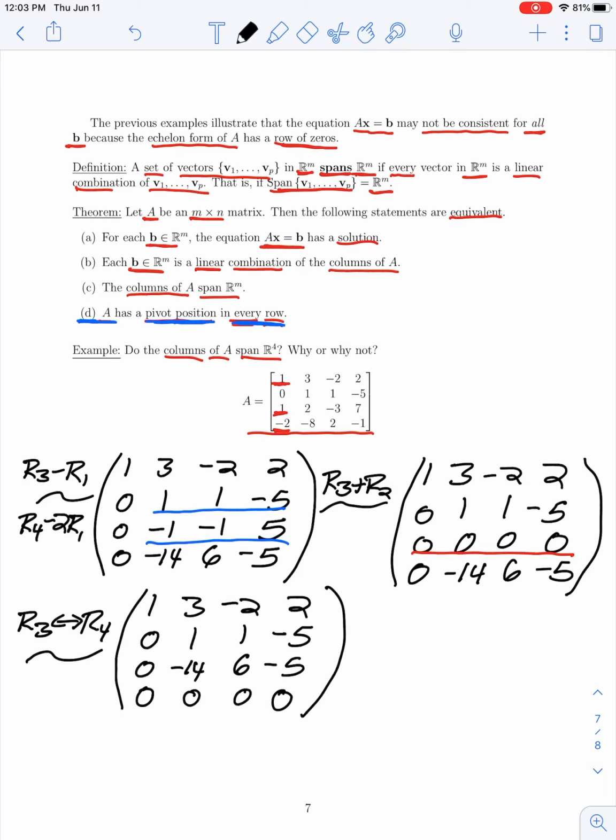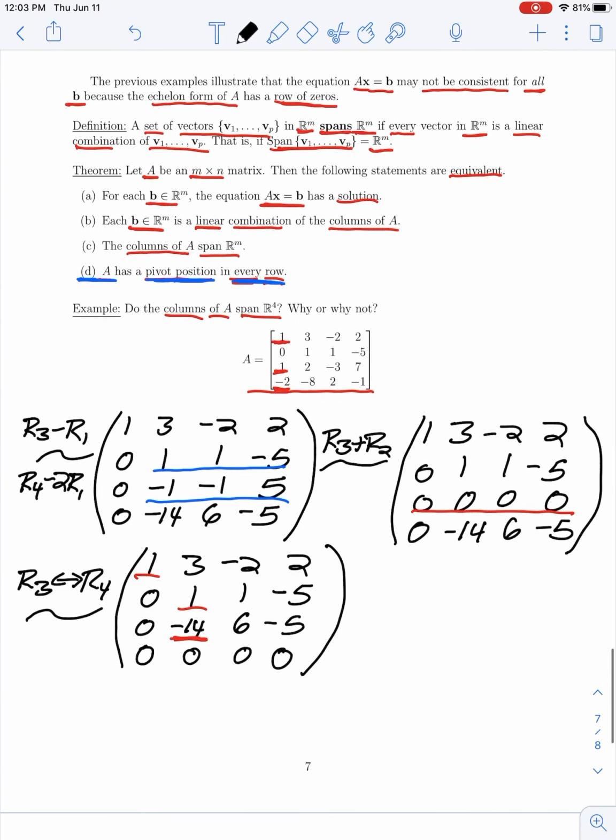In order to move this one step closer to row echelon form, I have 1s for these lead coefficients. Below those 1s, I need to have all zeros, so let me kill off the negative 14 in my third row by taking row 3 plus 14 times row 2.